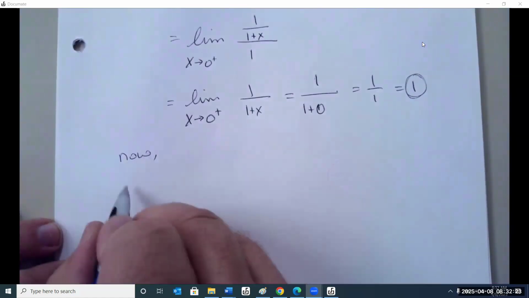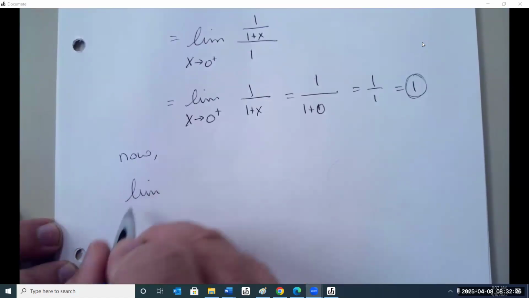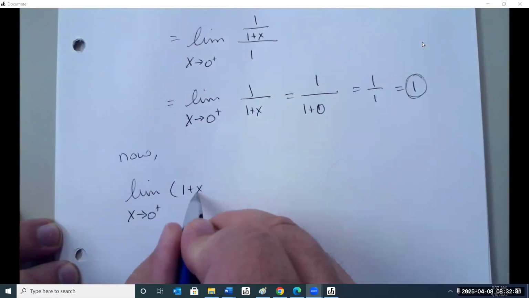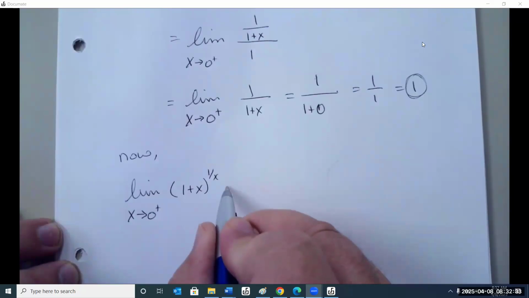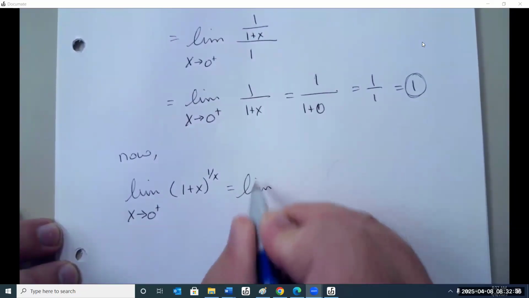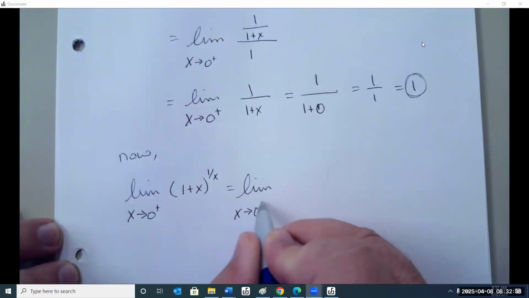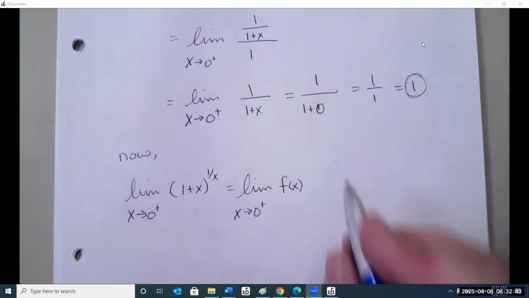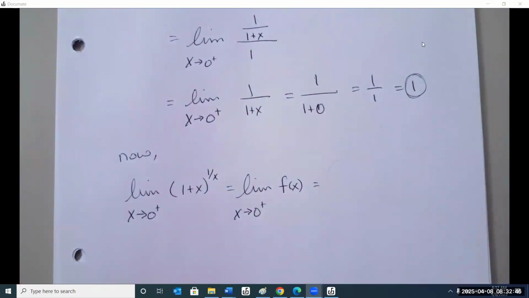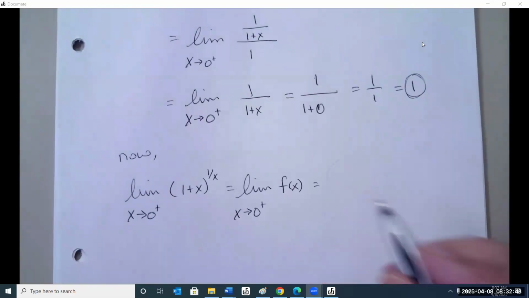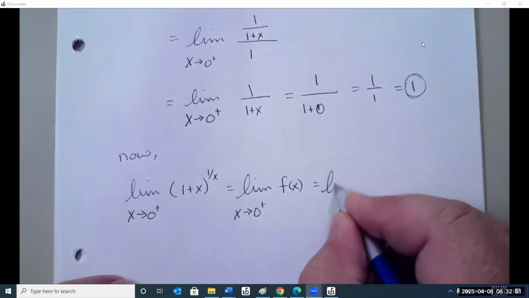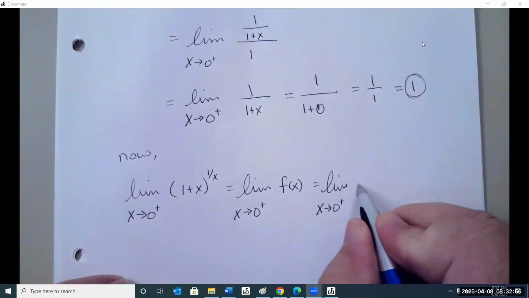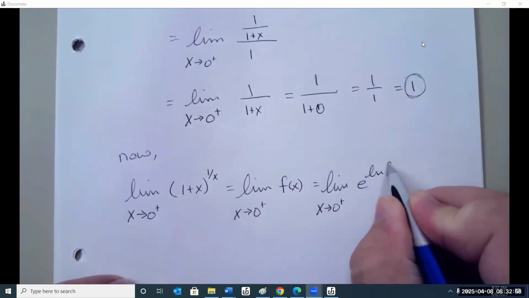We have the limit of x going to 0 from the right of our function, 1 plus x to the power 1 over x, is equal to the limit as x approaches 0 from the right of our function. What we say up there, the limit as x approaches 0 from the right is actually e to the ln f of x.